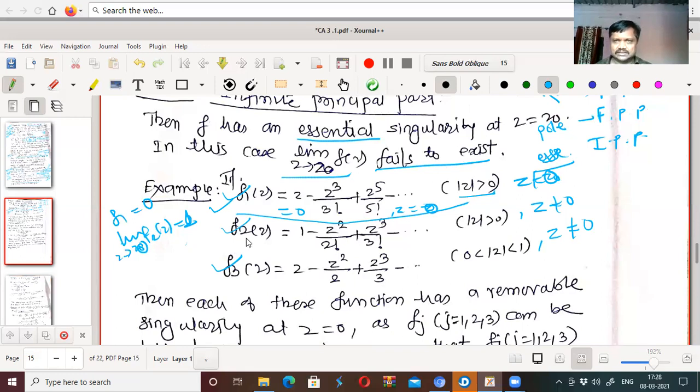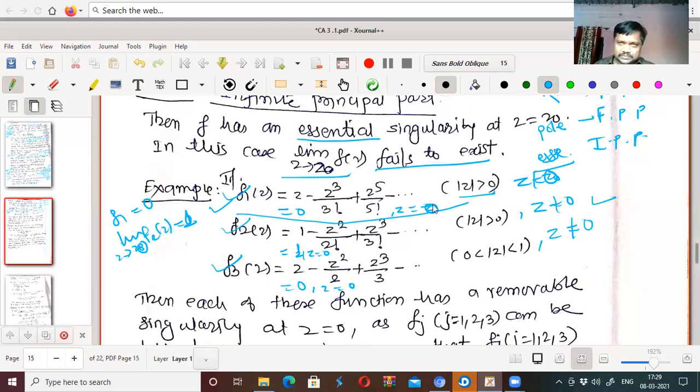Therefore, f2 has a removable singularity at z equal to 0. Similarly, for f3, the limit exists, which is equal to 0 again. And it is not defined at z equal to 0. Therefore, if we redefine this function, we have to take it as 0 at z equal to 0, and then f3 is also analytic everywhere, at z0 as well as at other points.